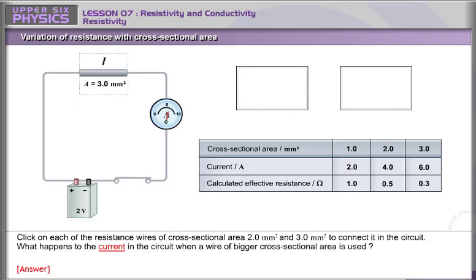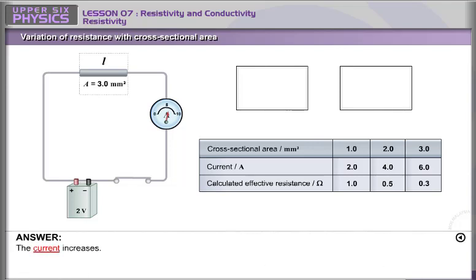Click on each of the resistance wires of cross-sectional area 2.0 square millimeter and 3.0 square millimeter to connect it in the circuit. What happens to the current in the circuit when a wire of bigger cross-sectional area is used? Answer. The current increases.